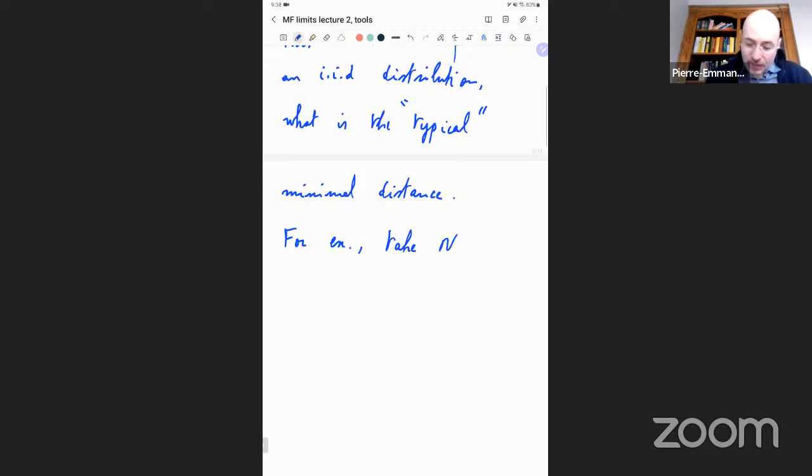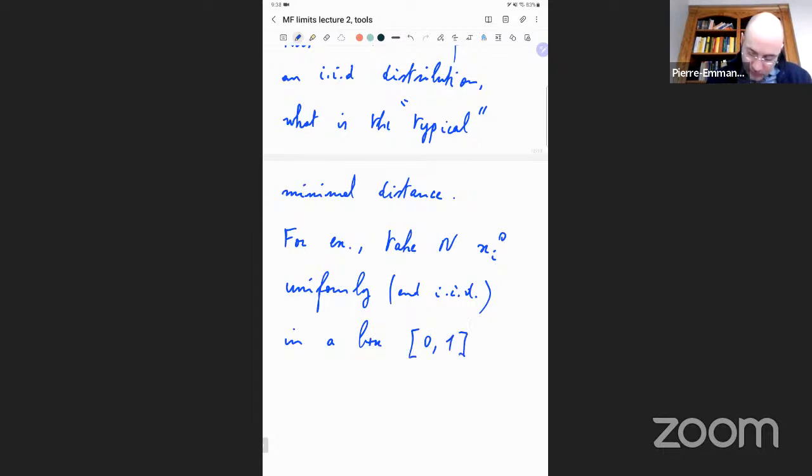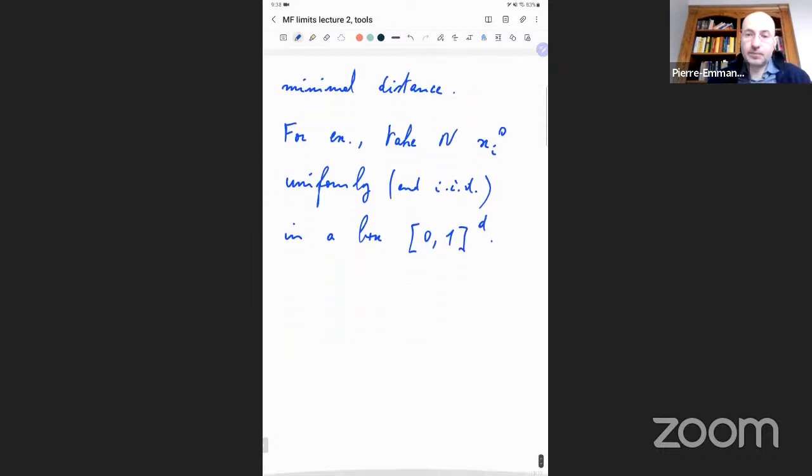Right. So take n xi0, right? Uniformly, and of course IID, right? In a box of size 1, so in a box [0,1] to the d, right?